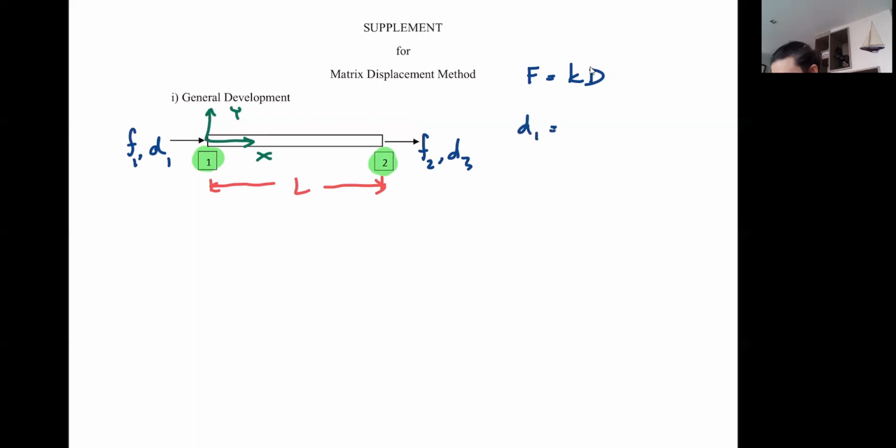It is going to be equal to F1 multiplied by the length divided by AE. So that is the relationship we always have, correct? That means I can also write the force F1 in terms of displacement. The F1 is going to be equal to AE over L multiplied by D1. See how, let me move this a little bit.